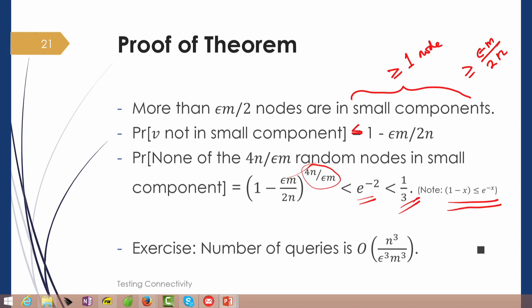So the probability that our algorithm will correctly land in a small component and find evidence that we are in fact in a disconnected graph is therefore at least 2/3. That completes the part of the proof regarding the correctness of the algorithm. The number of queries is quite easy to show, and so that's going to be an exercise for you.